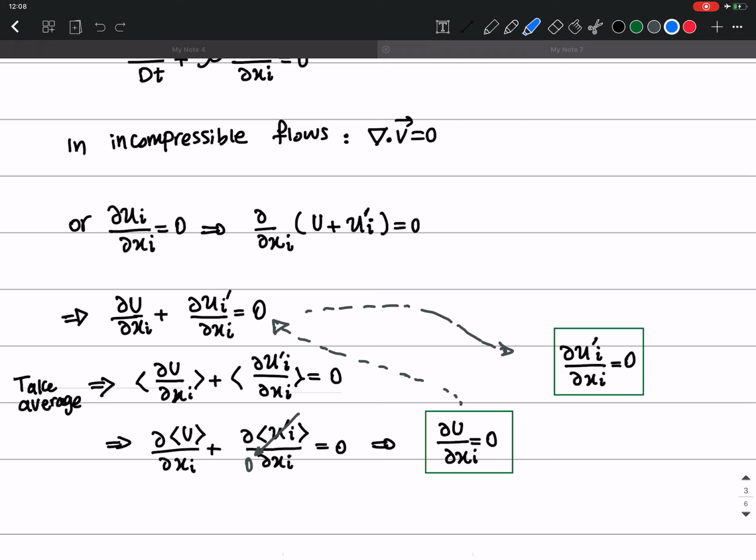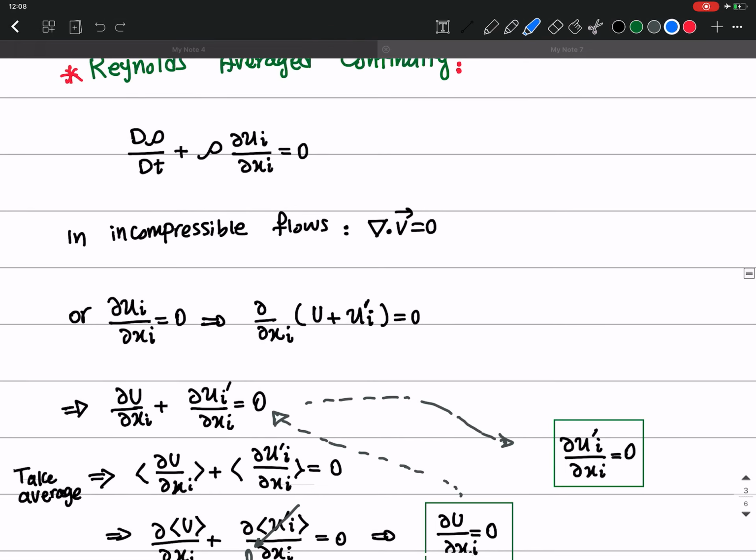Okay. Let me see here. I think I need an index here. I think I forgot to add that, so let me add it here.